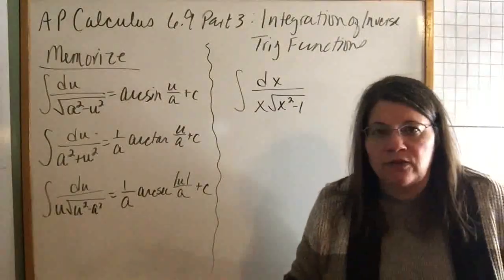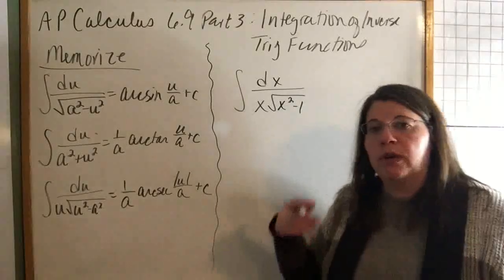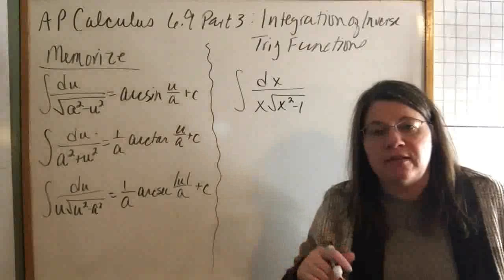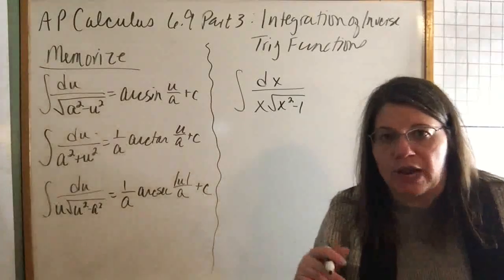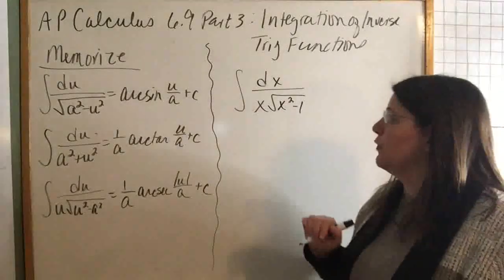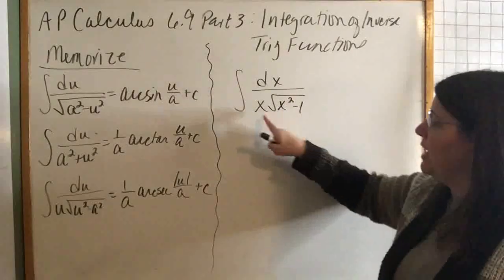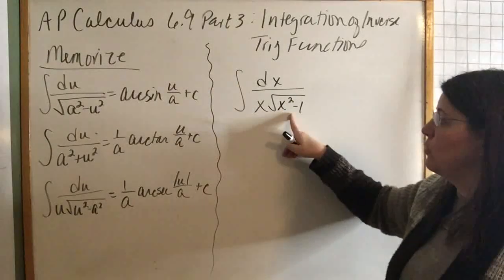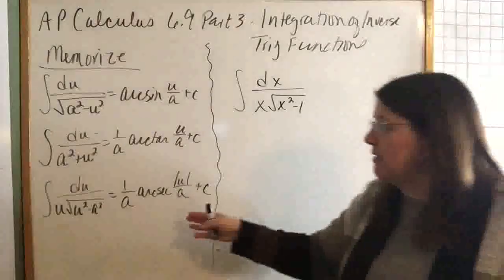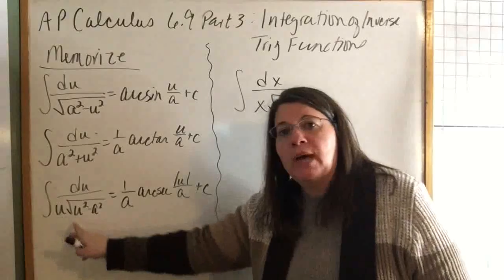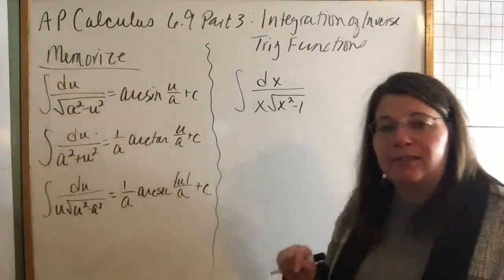The easiest way to learn these is to just do a few and try to get them in one of these particular forms and then substitute in to get your answer. So looking at this first one, I do have the dx on top. Notice I've got an x on the outside of the square root. So my first thought is this is probably an arcsecant because we've got the u outside and inside that square root.